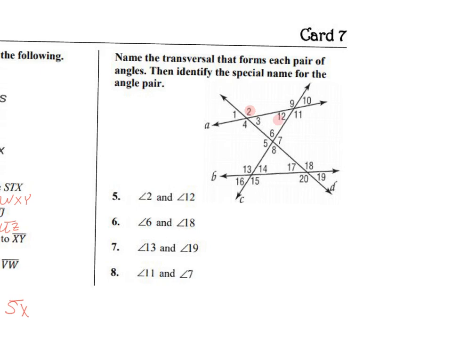And so if we look at what is there, the 2 lines that would be intersecting would be these 2 lines, and then the transversal would be line A. And then if we look at where angle 2 and angle 12 are located, those are alternate interior angles.